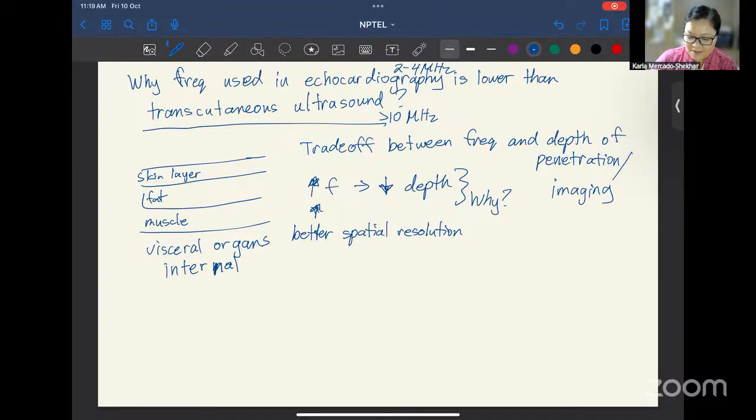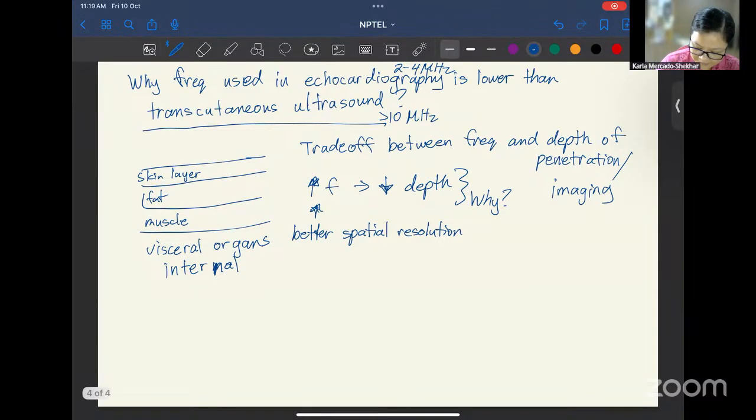Okay. So it's well known that if you increase the frequency of ultrasound, you are also increasing the absorption of ultrasound into the tissue layers.